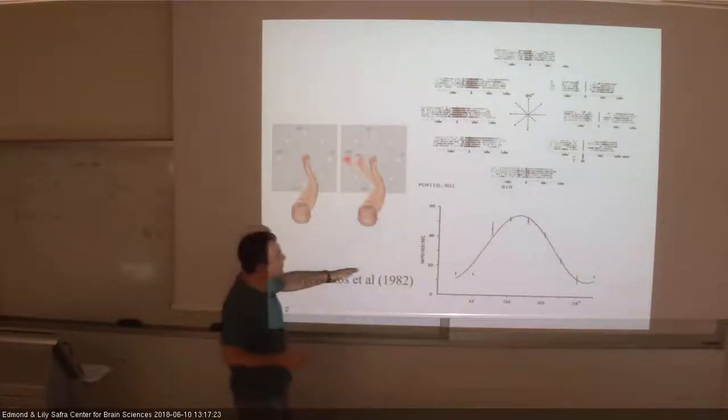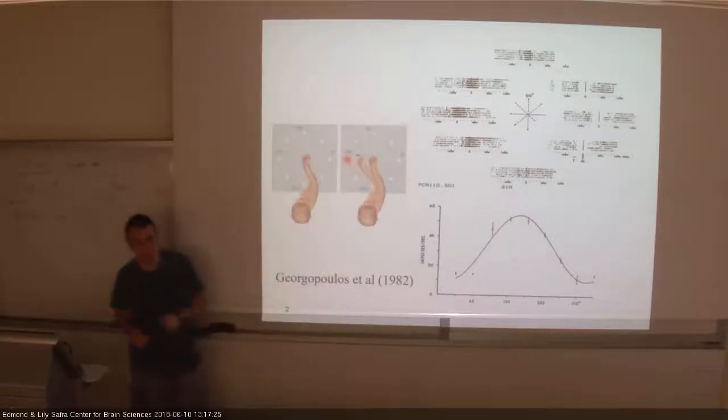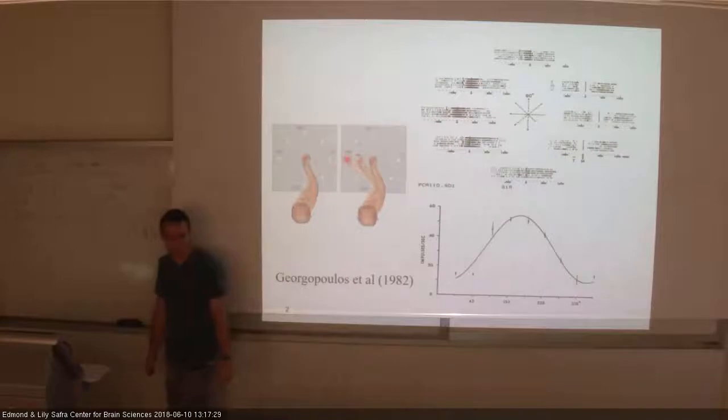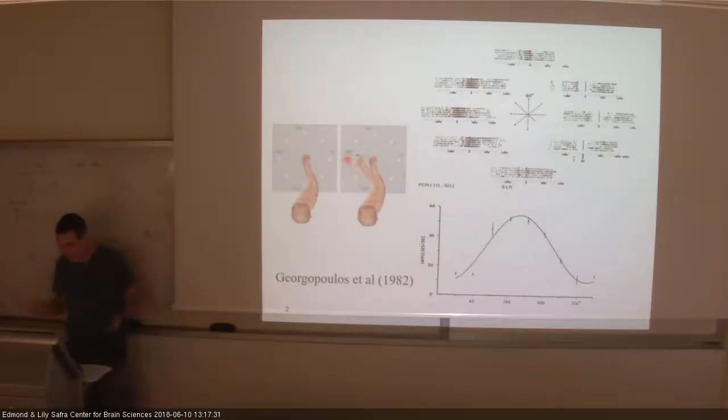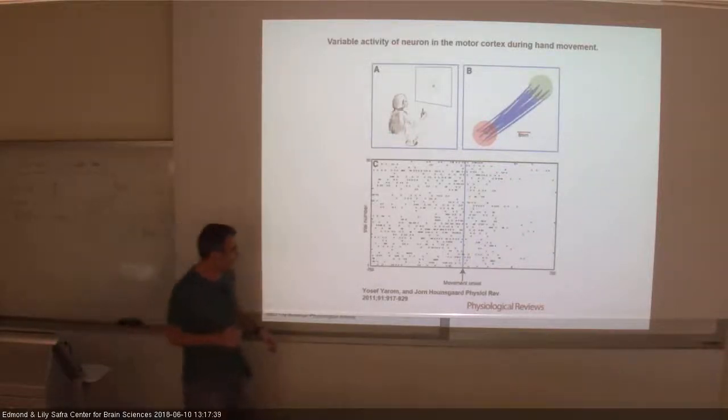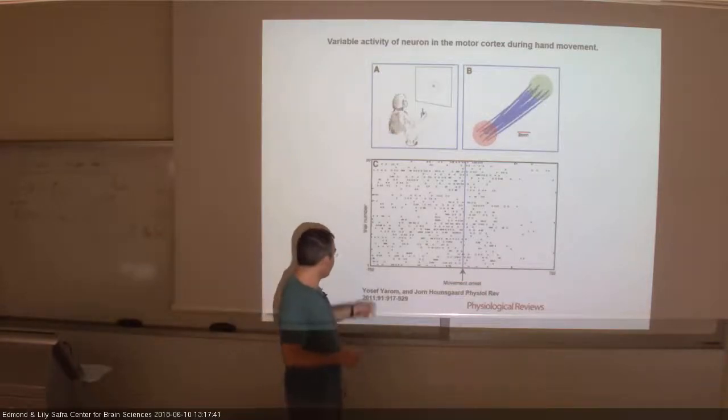Now, this is an experiment from 1982. Judging from the year, it's like 1 million years ago, right? Since then, everything has changed. This is a newer study, a review from 2011.